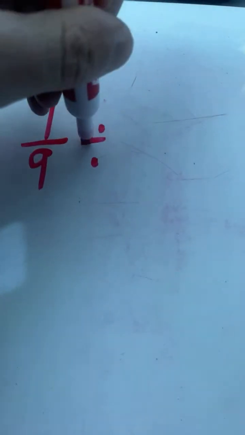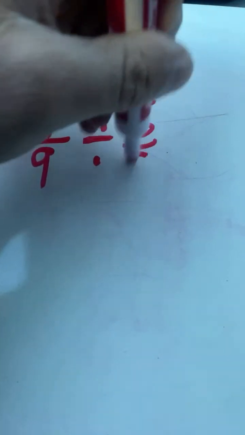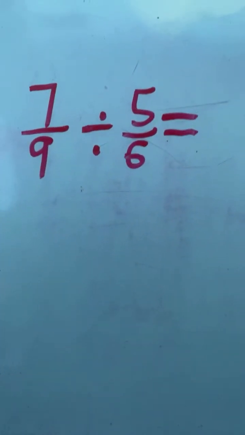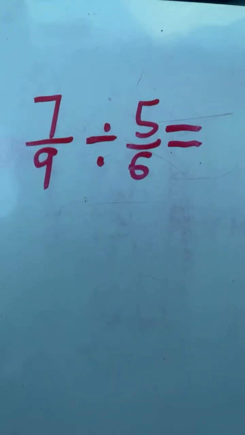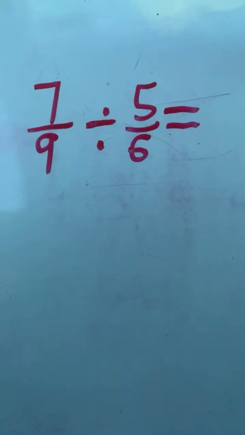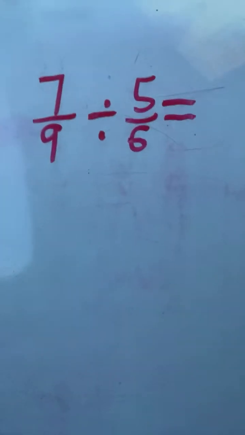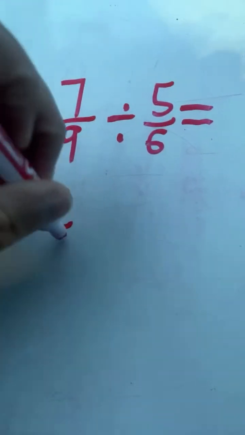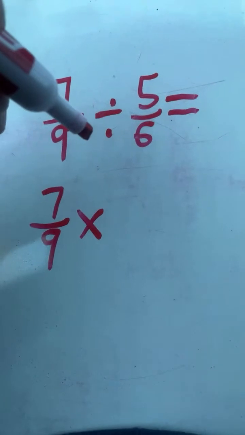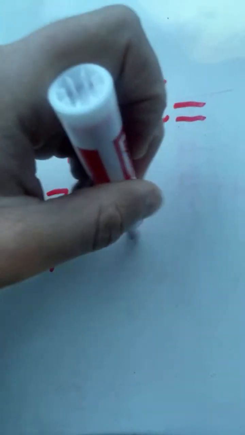All right, 7/9 divided by 5/6. That'll be our next example problem here. Step 1, we keep. Step 2, we change. Step 3, we flip.